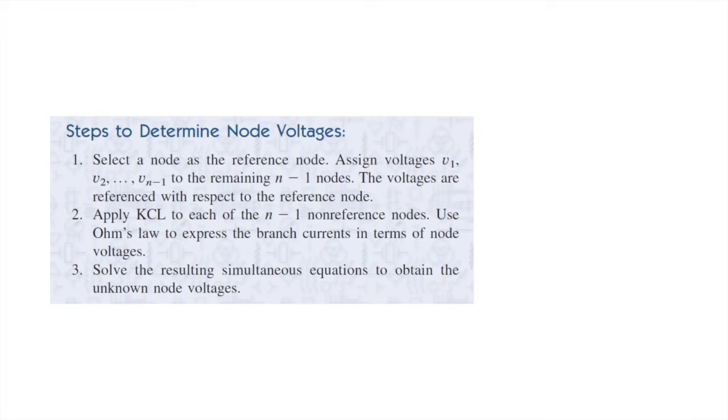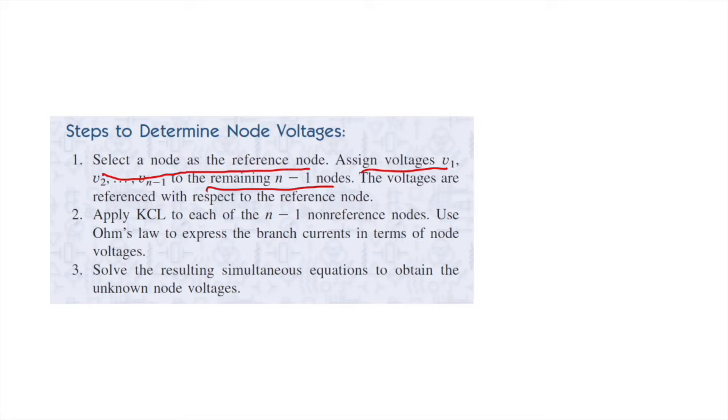So, the steps to determine the node voltage. In this example, the node voltage is given, but most of the time the node voltage is not given, and we need to calculate it ourselves. There are 3 steps. First, we select a node as a reference node and assign voltages to the remaining n-1 nodes.